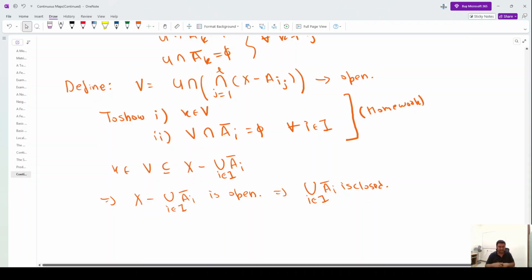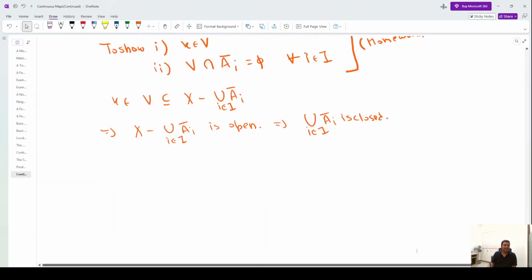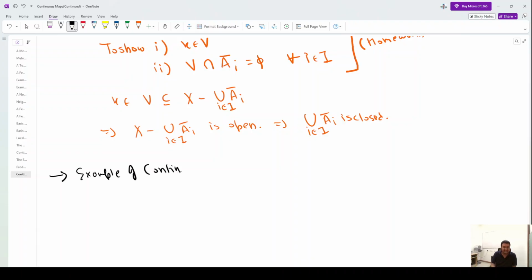So I think this is going pretty long, so I will stop this lecture here and the plan for the next lecture might be examples of continuous functions. I have been telling you this is the plan for the past two lectures, but we have done examples also, and applying these lemmas to various situations gives you a class of examples.